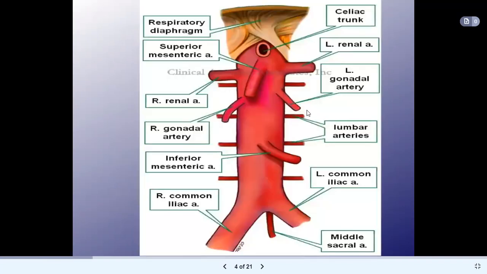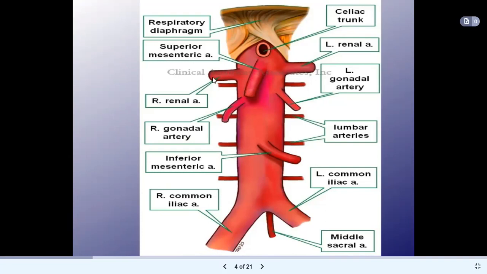Now, from this diagram, you would see the abdominal aorta, and then you have the celiac trunk here, and then this one is your superior mesenteric artery, and here you have your inferior mesenteric artery. Now, there are other branches you could see here, which we will discuss in some other lectures.